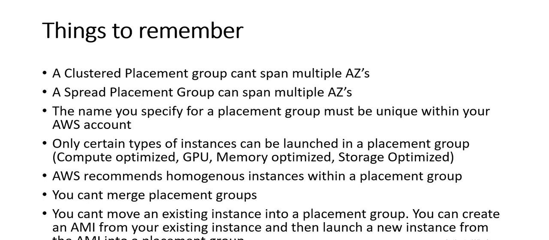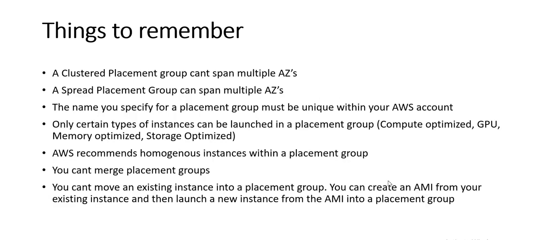Only certain types of instances can be launched into a placement group. Those may be compute optimized, GPU, memory optimized, or storage optimized. AWS recommends homogeneous instances within a placement group.